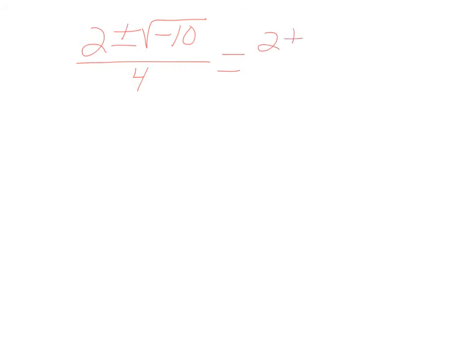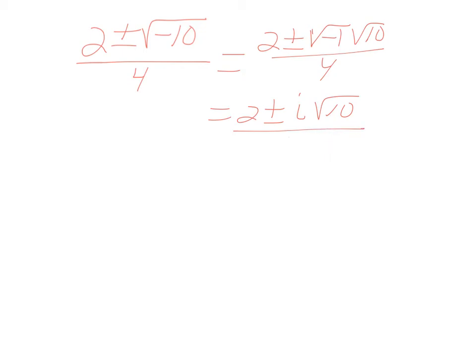So that would be 2 plus or minus, and you have to take out that negative sign, because really that's like negative 1 and 10 over 4. So we'd have 2 plus or minus the square root of negative 1, which is an i, then square root of 10, and then it would be over 4. So that would be my answer. That's just showing an example of an imaginary one.